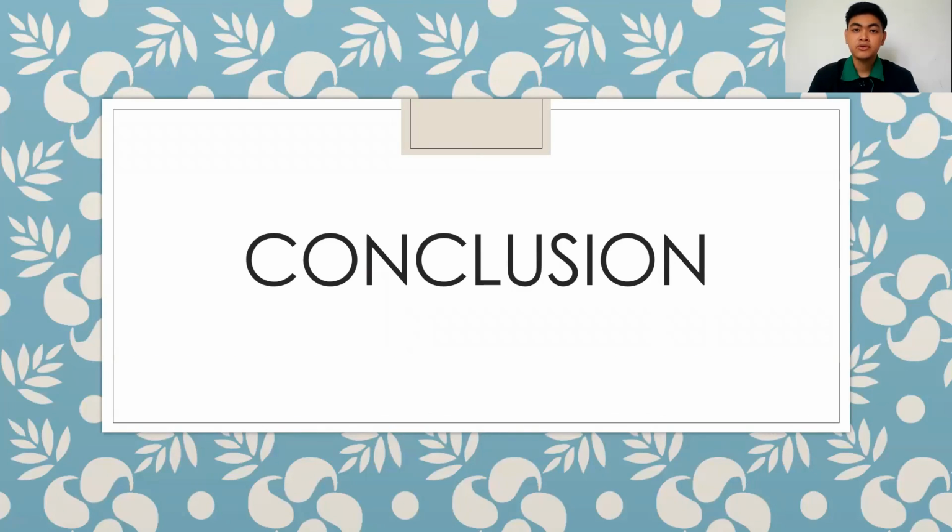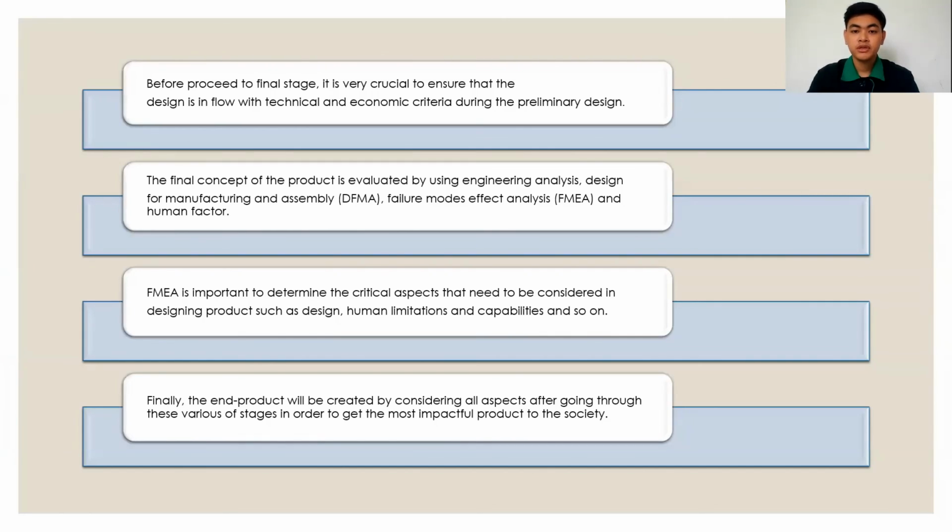So, as a conclusion, before proceeding to the final stage, it is very important for us as designers to ensure that the design is in accordance with the technical and economic criteria during the preliminary design. The final concept of any product is evaluated by engineering analysis, design for manufacturing and assembly, the FMA, failure modes effect analysis, FMEA, and human factors.